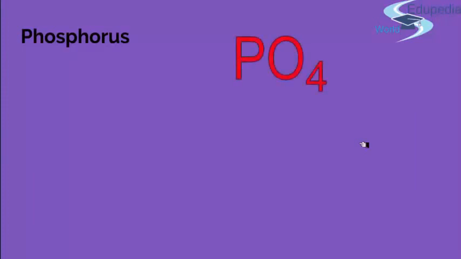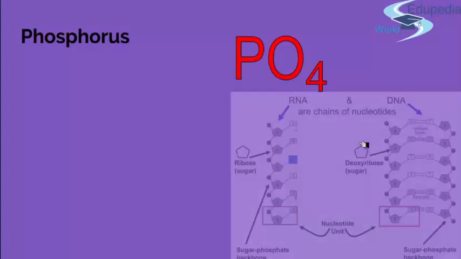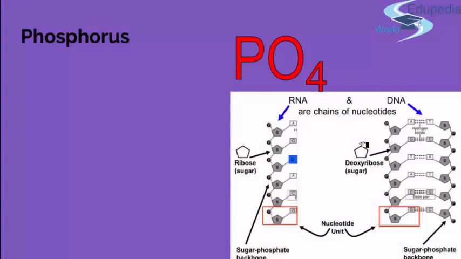So phosphorus is usually found in the shape of a phosphate, and it plays a few really important roles, usually in forming the structure of important elements like deoxyribonucleic acid, so DNA and RNA, and this is a phosphate backbone.